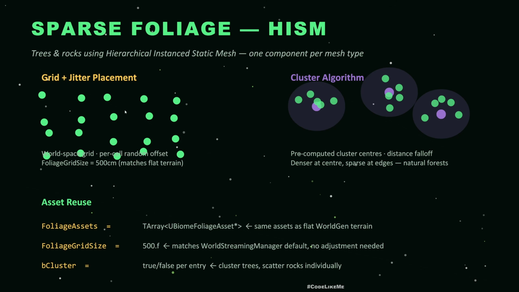So to prevent that, you can use this parameter. And also we have this clustering algorithm as well. This is used to simulate something like a natural spreading of a tree, like you have one big tree in the center, and around that, as the seed is spread, you get a few smaller trees around it. Something like that is simulated with the clustering algorithm.